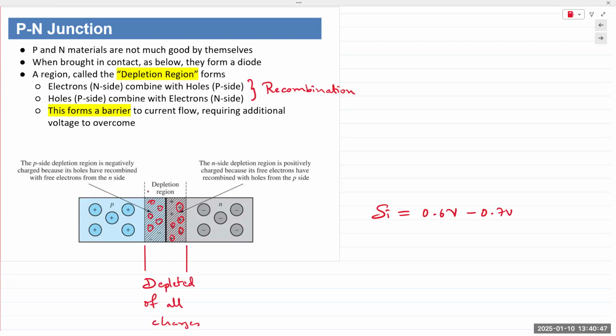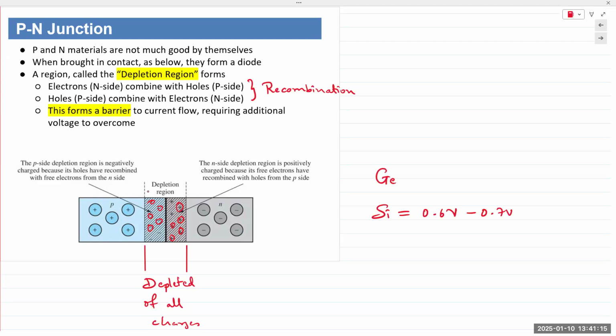Depending on the author, depending on the textbook, you might come across 0.6 or you might come across 0.7. But that is an inherent material property. It doesn't depend on the number of electrons or the holes, doesn't matter what the doping is.